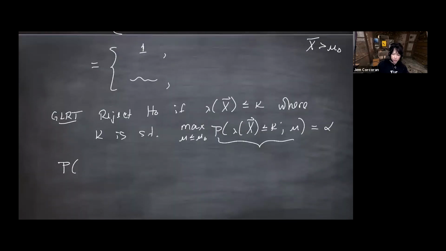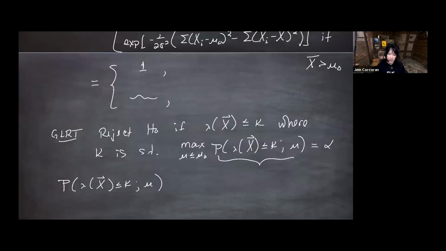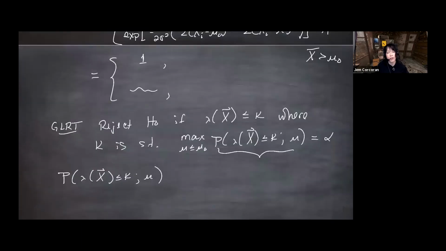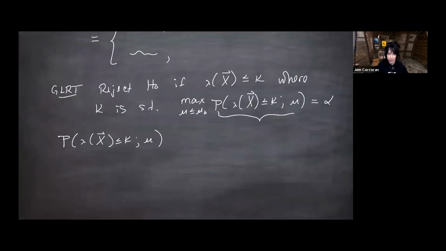And so to do that, I need to figure out what lambda is, and it depends on whether or not x bar is less than or equal to mu naught or greater than mu naught. So we would have to do this by conditioning on the value of x bar. And so I'm going to have some conditional probabilities here, which is going to be confusing with that semicolon, I think.